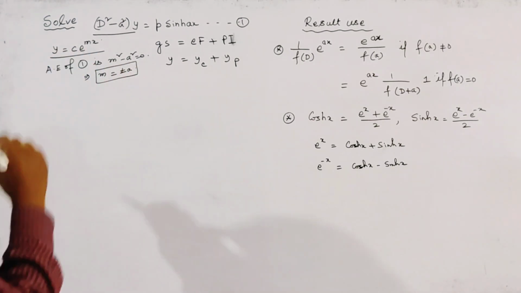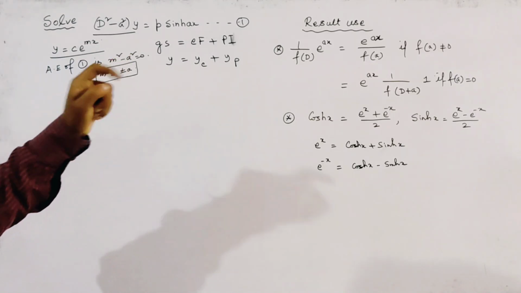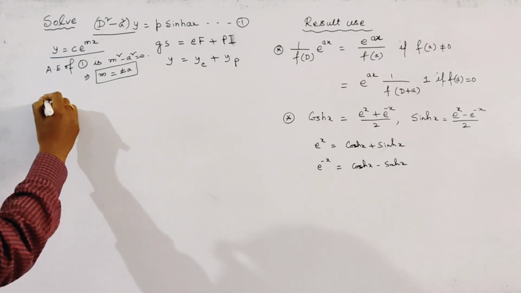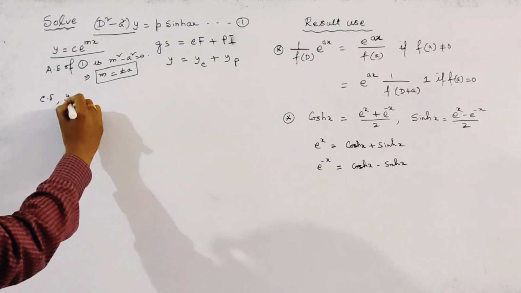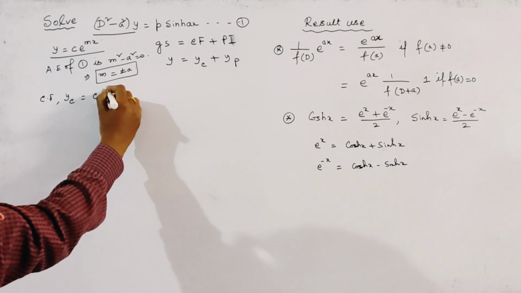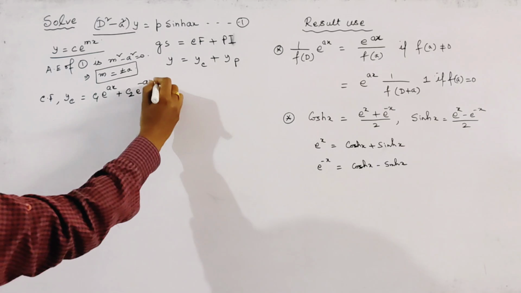So the auxiliary equation has two real and unequal roots. Clearly, the complementary function yc is given by c1 e to the power ax plus c2 e to the power minus ax.